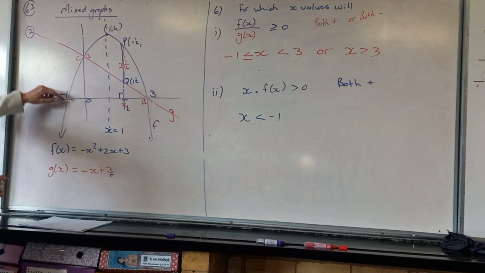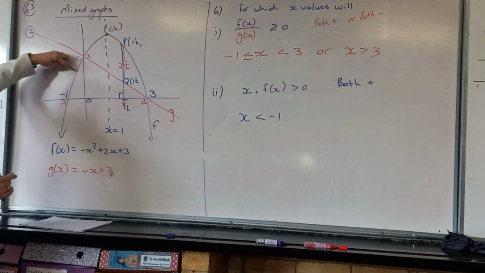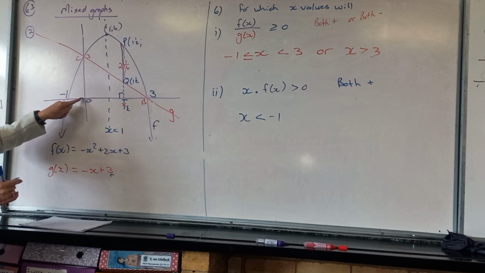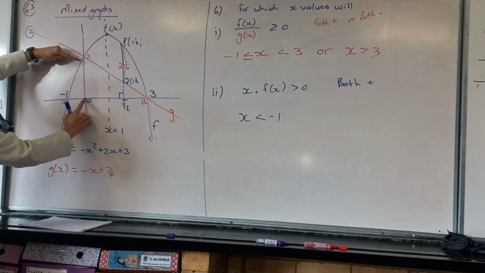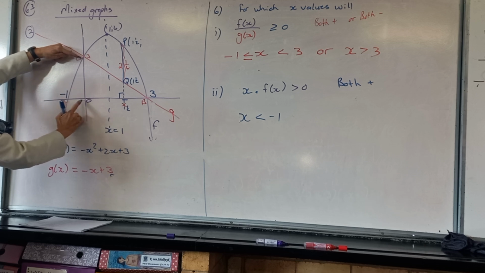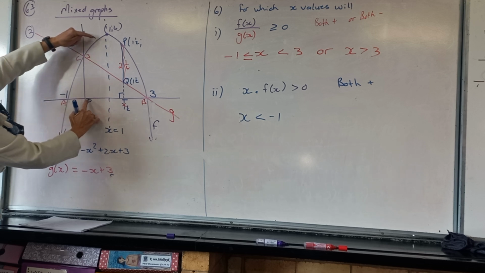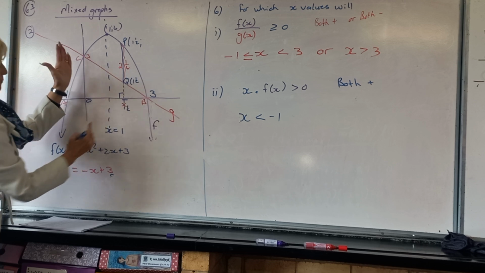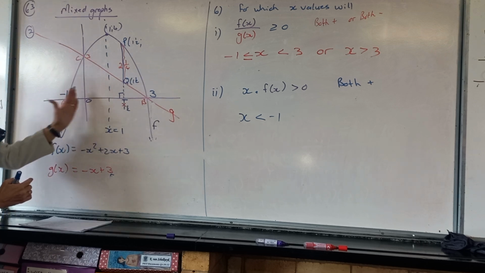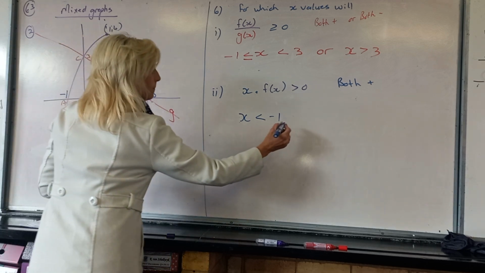Right? Then the parabola is positive, while the x values are negative. But then the x values are positive again, while the parabola is still positive. X value is positive, parabola positive from 0 up to 3.